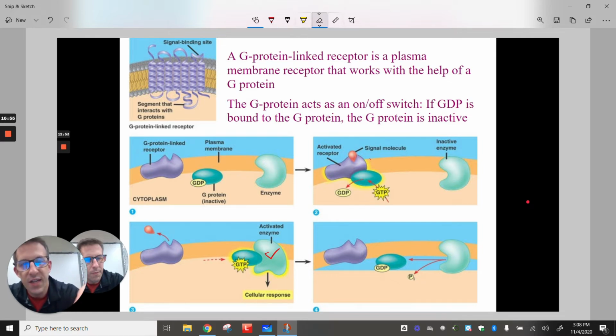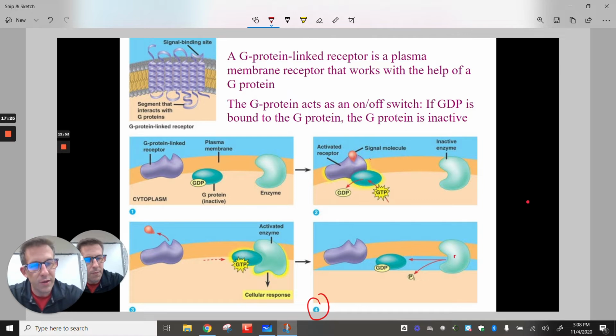Now, once this entire complex has been activated, it needs to reset, right? We want to be able to have G protein linked receptor, the purple guy there, accept another signal so that the cell can have another response, okay? So that's what we see happening right here in this final picture, picture number 4. Everything else is resetting. It's going back to its beginning set stage, right?